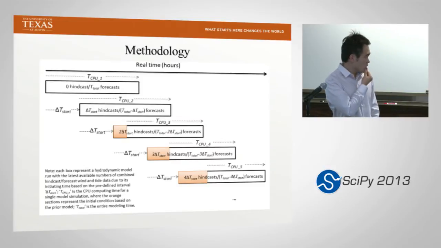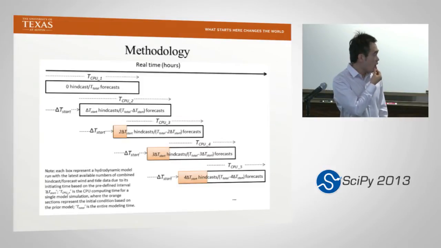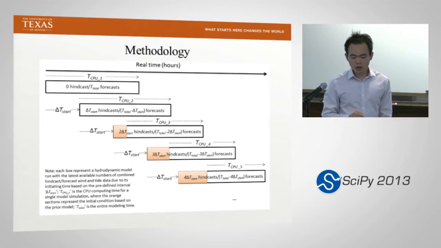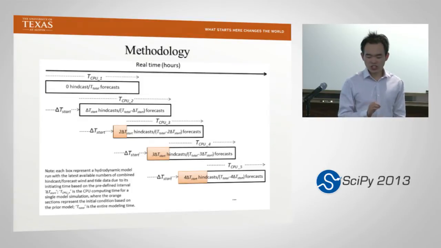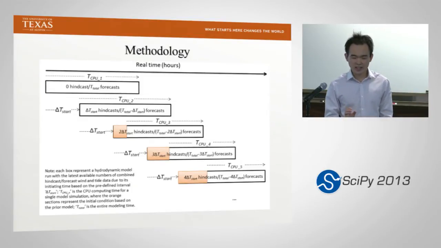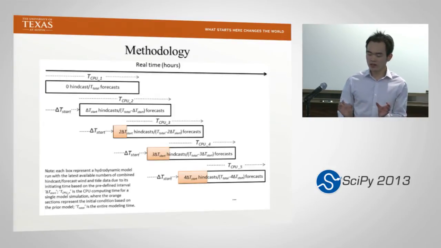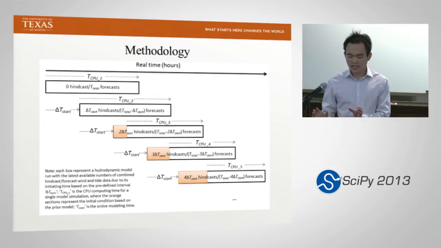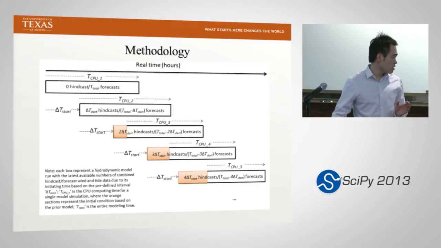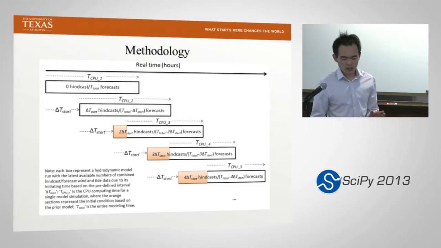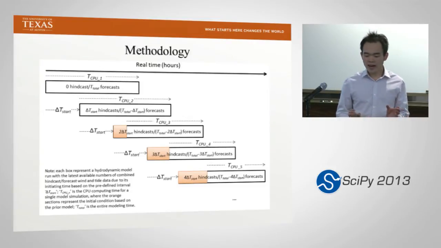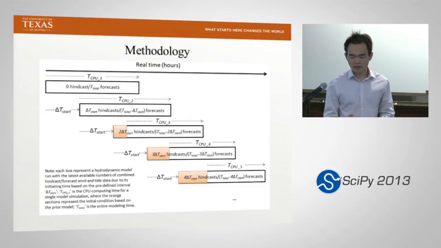So here is a chart to show how the multiple model works. At real-time 0, the first SciPy run is initiated with 0-hour hindcast data and all of the forecast data, which means that this run is in a completely forecast mode. And then after delta t start time, the second run starts with the latest available hindcast data and the corresponding forecast data.